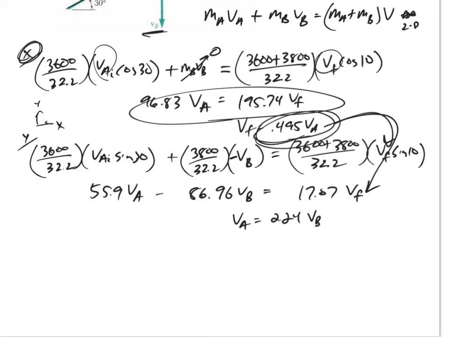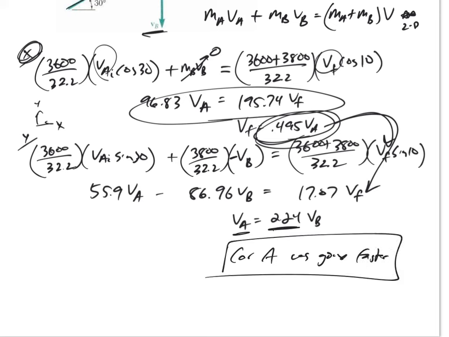All right, I've got an equation that says VA is 2.24 VB. So which one is faster? Well, no matter what they are, VA is more than 2 times VB. So car A was going faster. And if I assume that VB was the slower car, I think that's what the problem statement said, determine the speed of the faster of the two cars if the slower car was traveling at the speed limit.